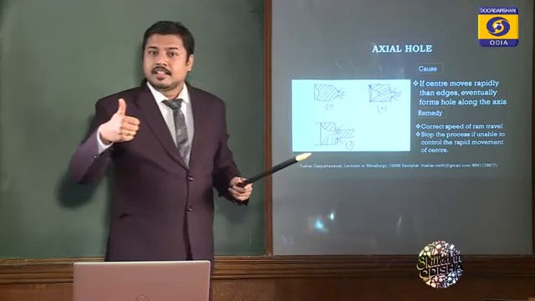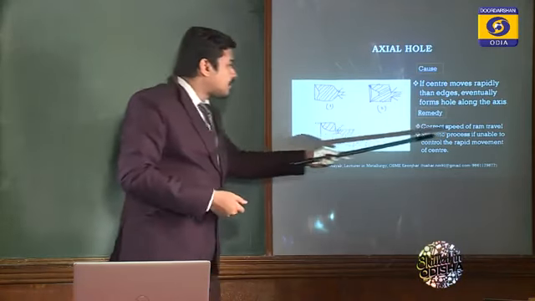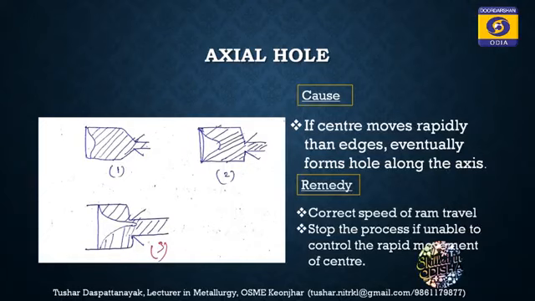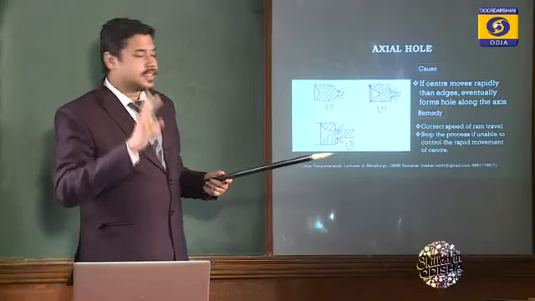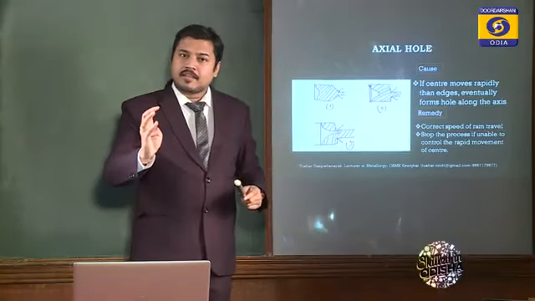What is the remedy? Remedy is correct speed of ram travel. Ram travel should be proper. Or another one can be stop the process if you can't control the movement of ram travel. Two remedies basically. One is correct speed of ram travel.